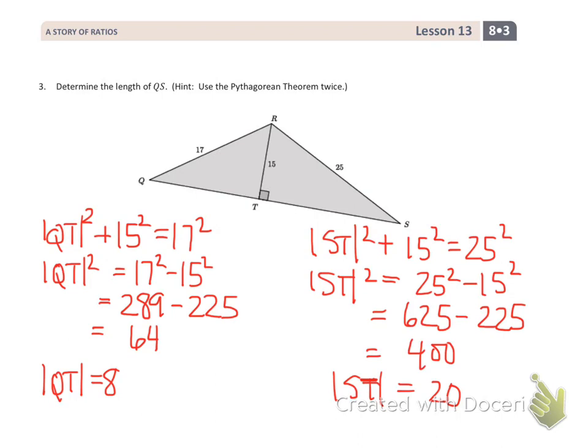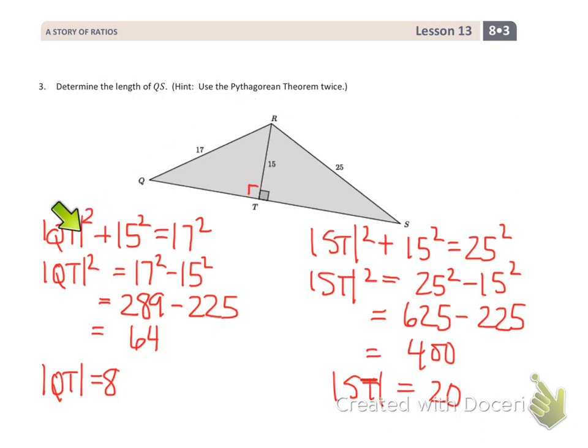This is also a right triangle or a right angle because I've got a straight line and that one is labeled over there. So I have length QT squared, that's like my a squared, plus the other leg squared, 15 squared, is equal to 17 squared.